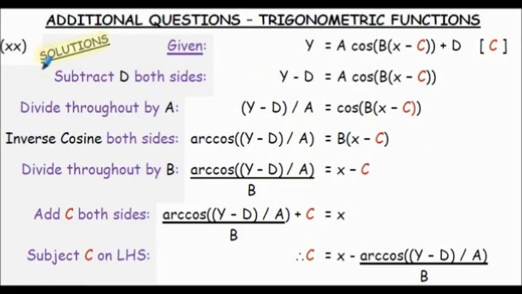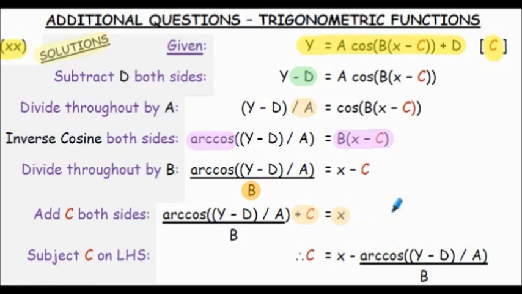Solutions continued. Question 20, again given the same equation as on the previous slide, but this time we have to rearrange for variable c. So first step in the process, again we will subtract d from both sides. We will divide both sides by a, take the inverse cosine, arc cos of both sides of the equation, so this would be equal to b multiplied by, in brackets, x minus c on the right hand side, and then divide both sides by b, and then add c to both sides.